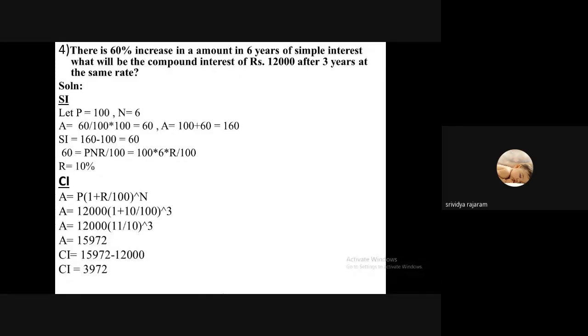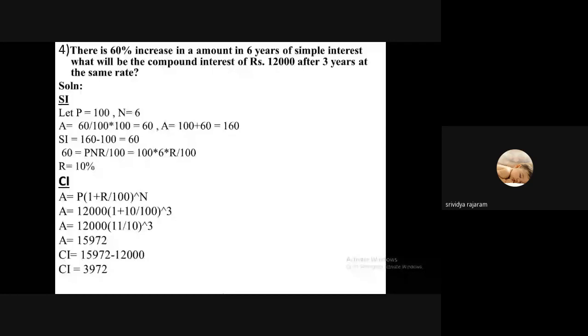We solved the problem, right? So this problem is quite similar to that. In this, they are giving that the new amount A will be 60% more than the initial amount. So in this case, we'll assume P is equal to 100 rupees.